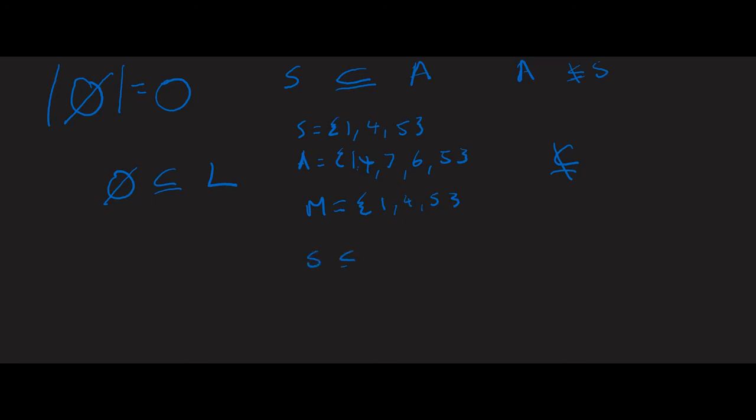S is a subset of M, and M is a subset of S. Now the way I like to remember that this holds true is if we remember this line at the bottom here. If we go back to sort of primary school when we started learning less than and greater than signs, if we have the line at the bottom, that means that it's also true when they're equal, right? So I like to remember it like that. This is also true when they're equal.